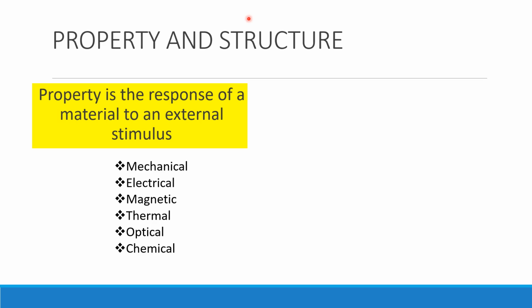Mechanical, electrical, optical, magnetic, any stimulus. I mean, you apply a stimulus to a material and the material will respond to this stimulus, which is what mediates this response, the property of the material. Mechanical properties, electrical properties, or whatever.